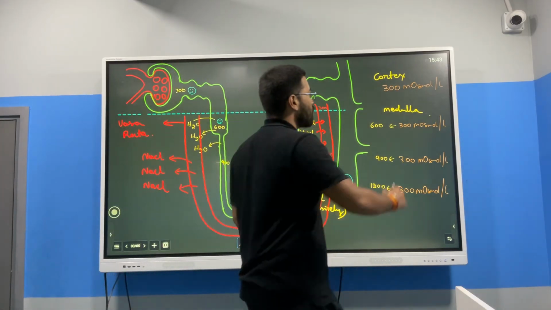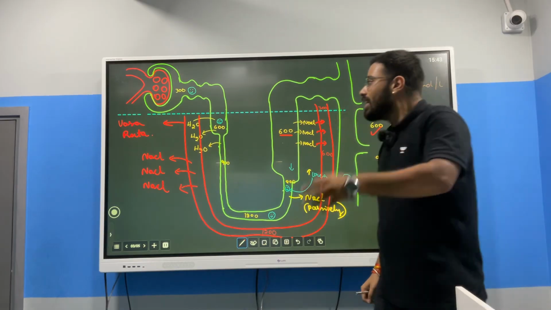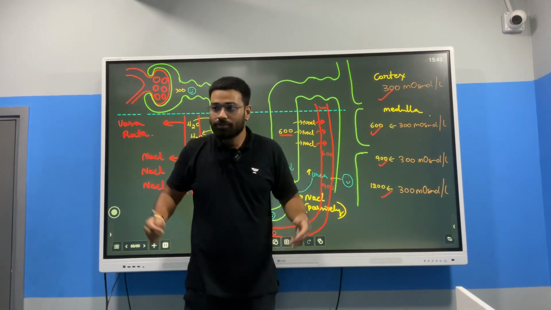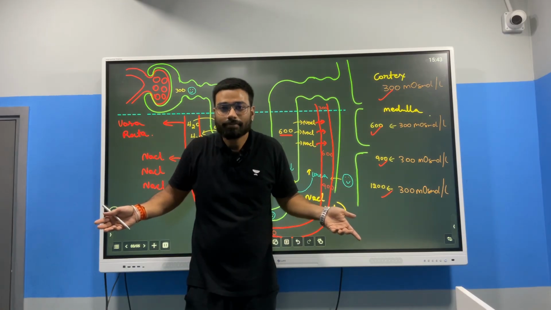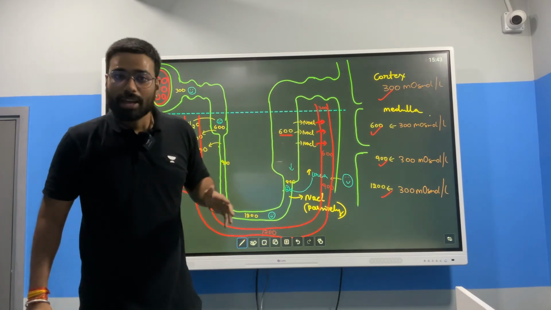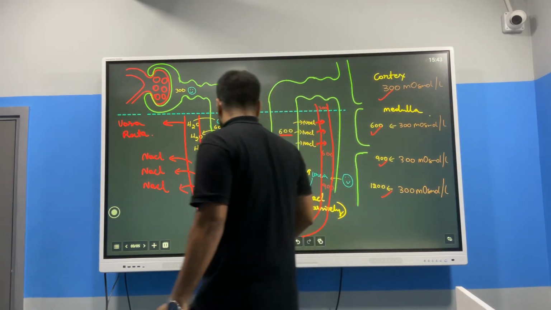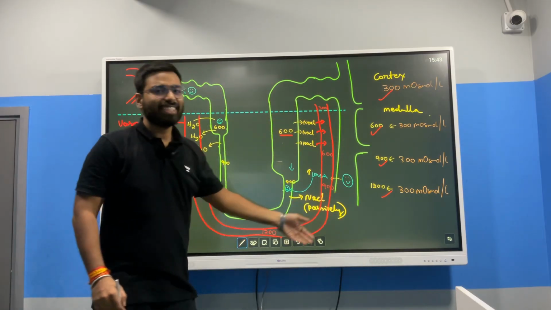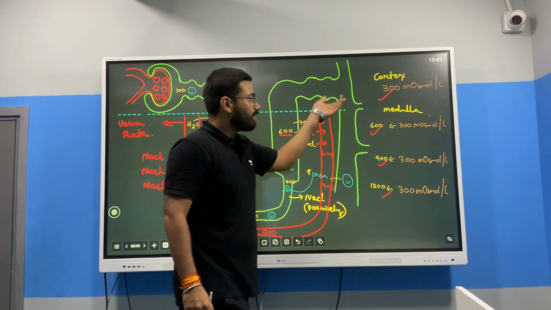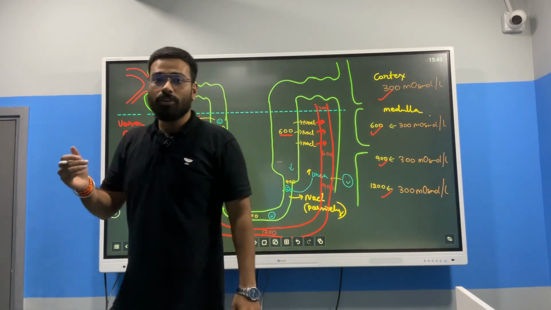So don't you think this osmolarity gradient is maintained very well? So this is the way a counter current mechanism is done. So what is their benefit? Nobody asks me. Now let's go to the important benefit. When I am talking about the collecting duct, we all know that the collecting duct helps in high reabsorption of water.